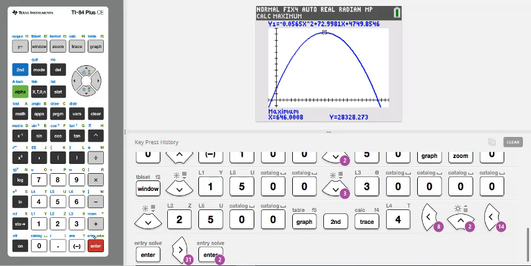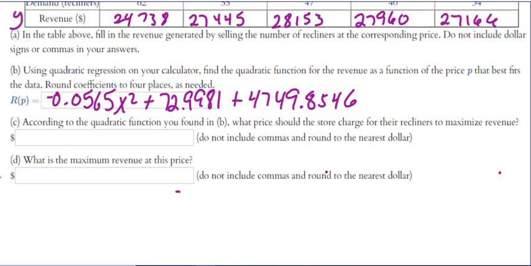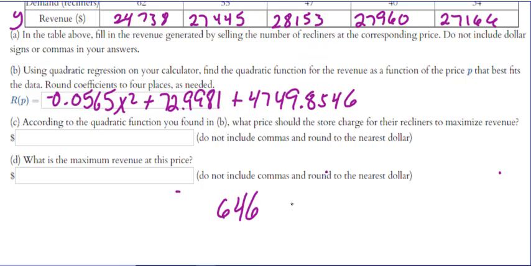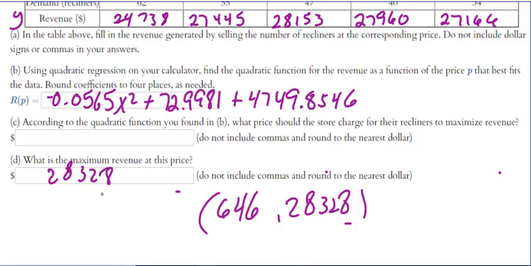So they should charge $646, round to the nearest dollar, and then 28,328. So that's my ordered pair, that's my vertex. The revenue is the Y value, so that's 28,328, and the store should charge $646.